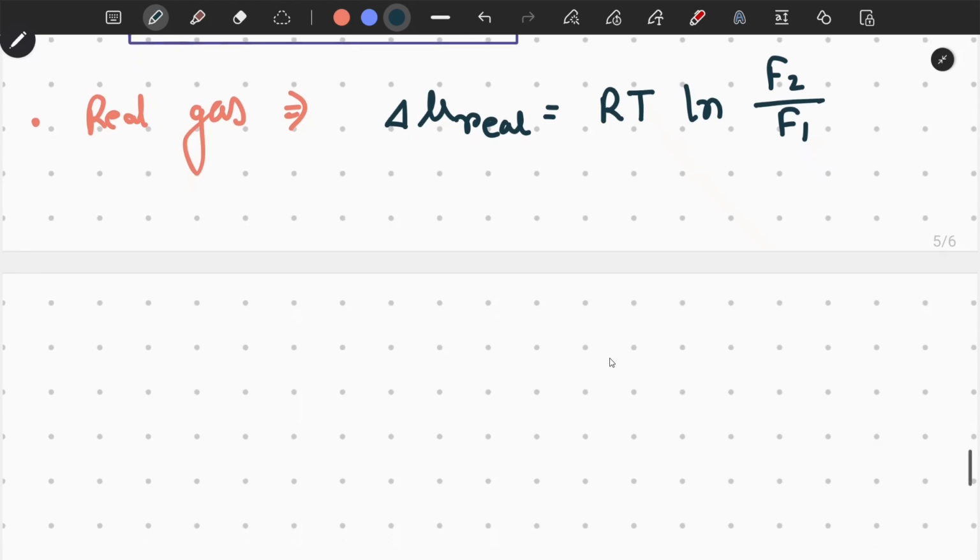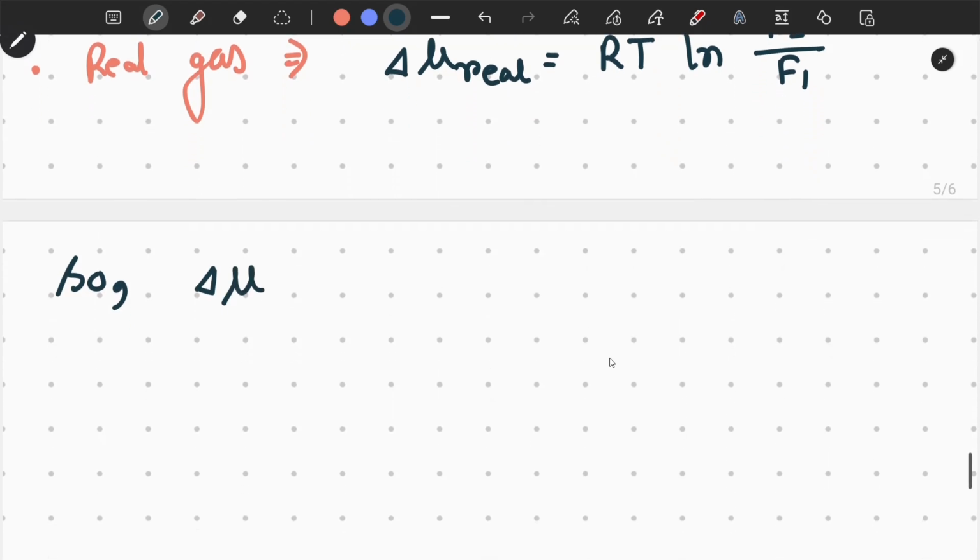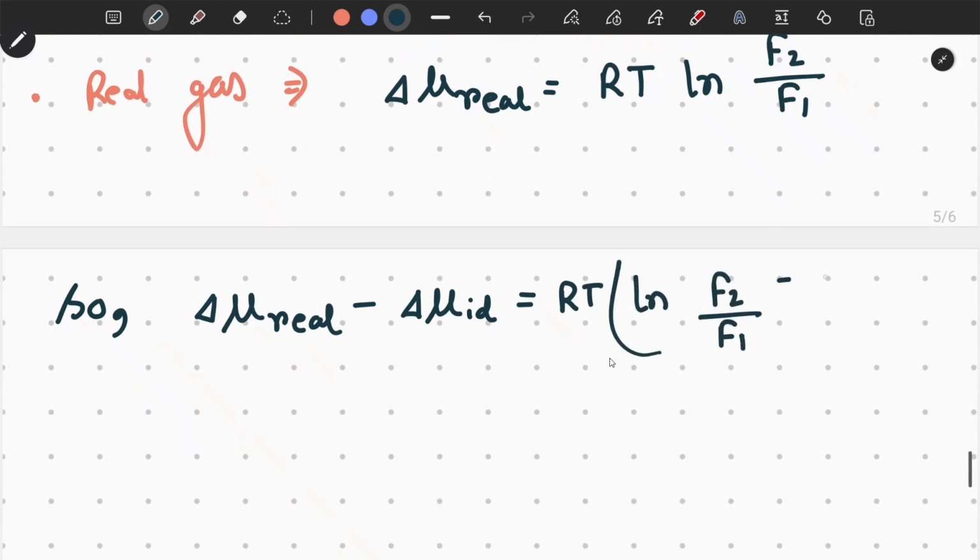So now, what is the change between this real value and this ideal value that we can calculate? The change is RT times ln f2 by f1 minus ln P2 by P1.